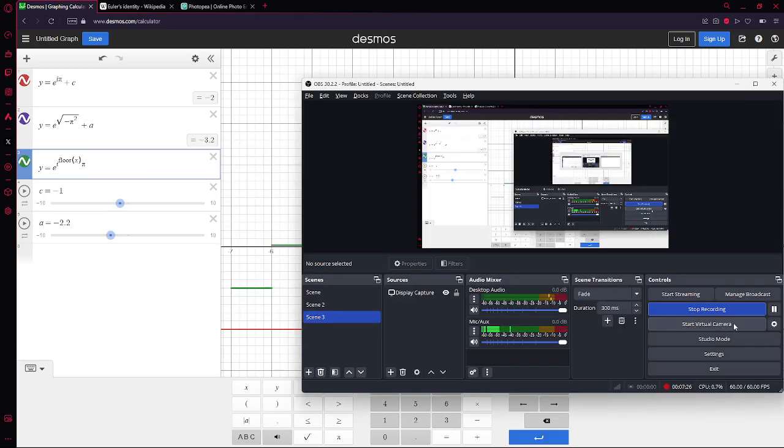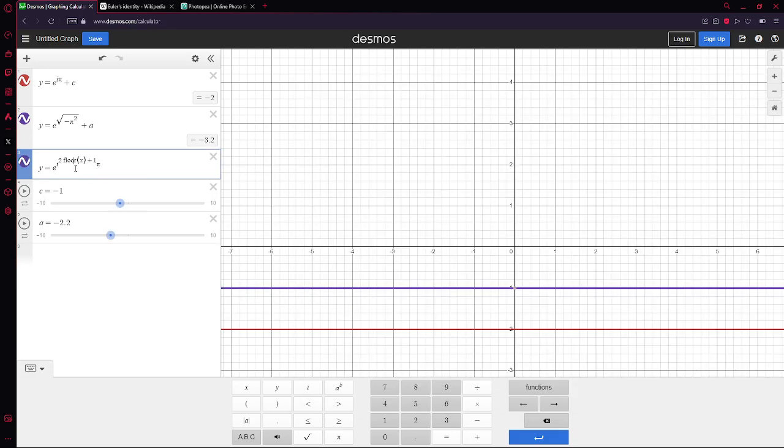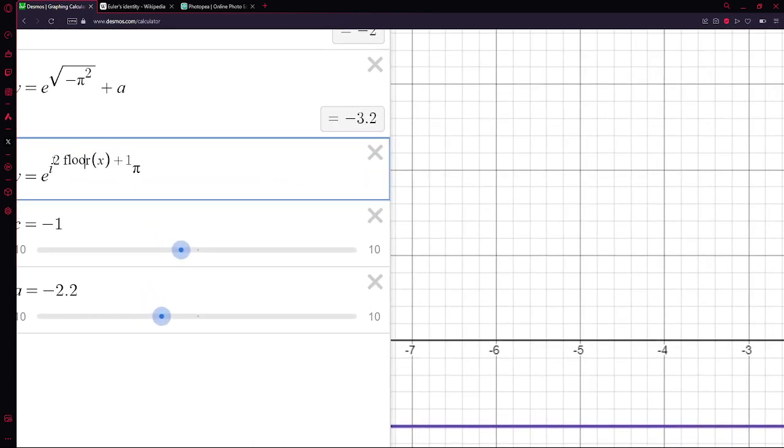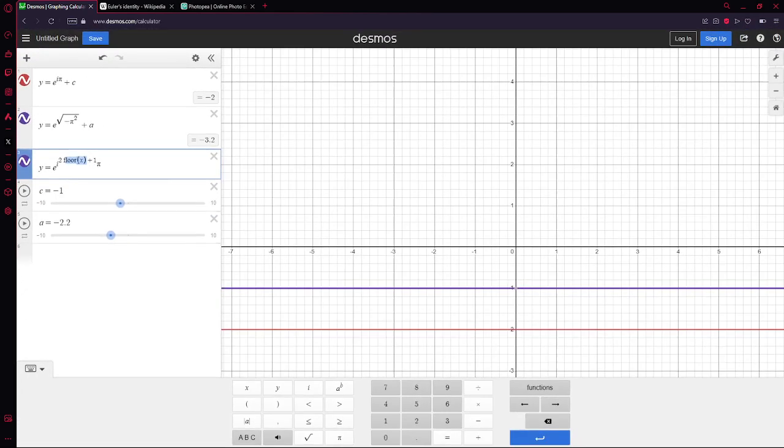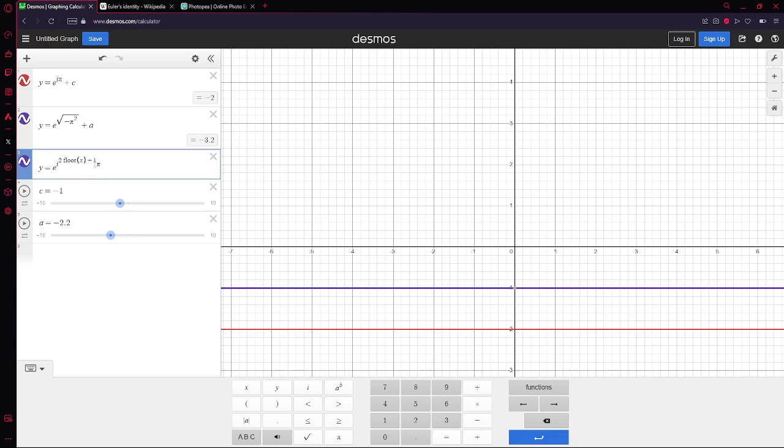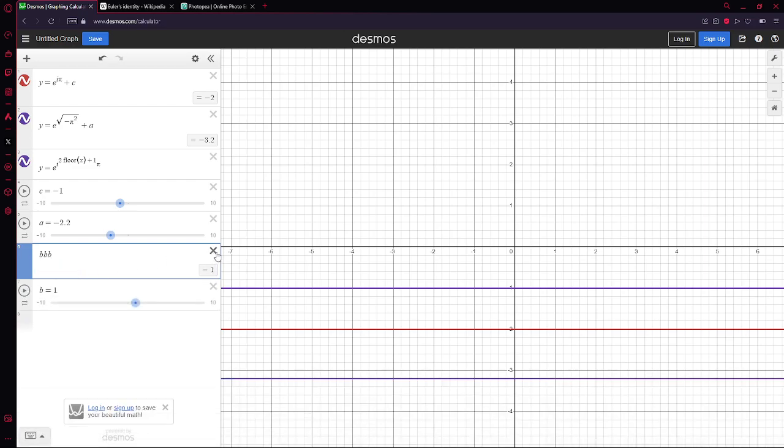Well, let me redo this one. e to the i power to the power of 2 times the integer of x plus 1 pi. All this e to the power is equal to negative 1. Again, let's add another slider.